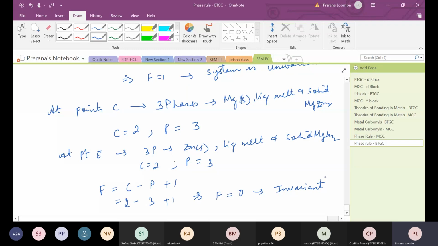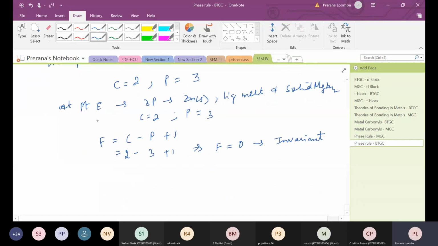Okay. At the congruent melting point, at D, how many components do we have? No, you have only one component. You have two phases.